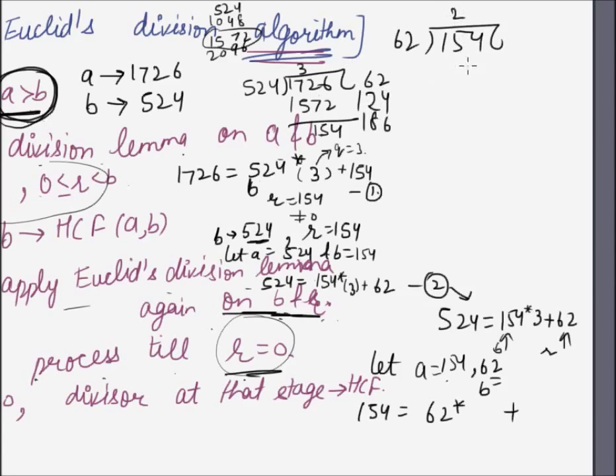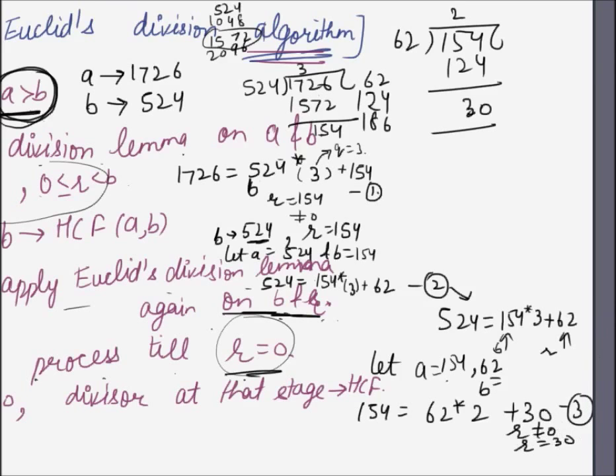So the second multiple will be the closest and the lesser value, and we will get 30 as remainder. Hence this equation. Again r is not equal to 0 because r is 30.